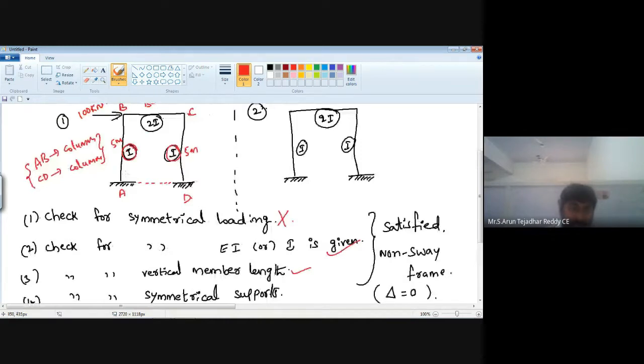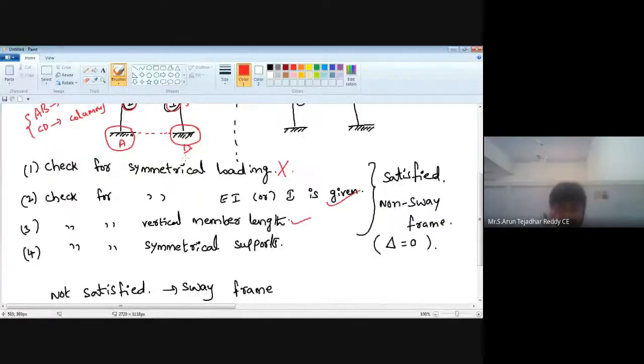In this first diagram we have two supports. Point A is a fixed support, and point D is also a fixed support. Both sides have fixed supports, so the check for symmetrical supports is also satisfied.